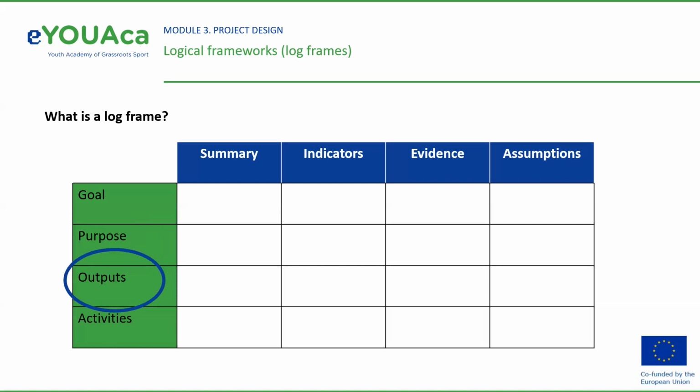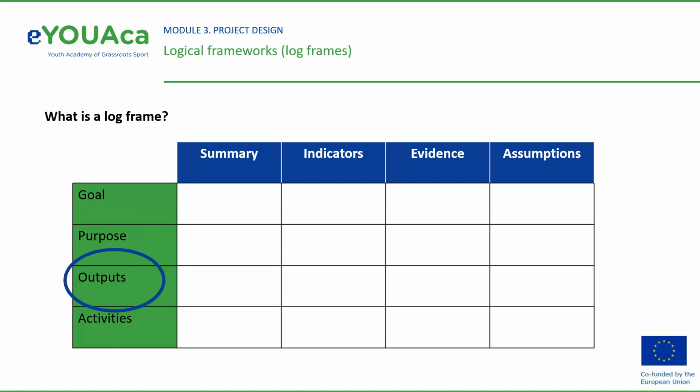Next, we have outputs. What we want to see as a result of our activities in order to fulfill the purpose. You should ask yourself what outputs are needed to achieve the purpose. What will the project deliver?